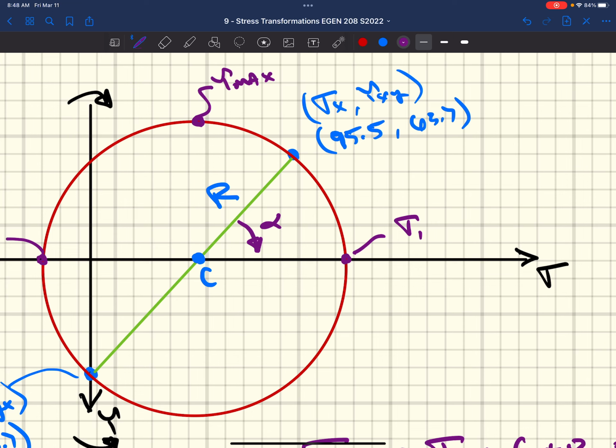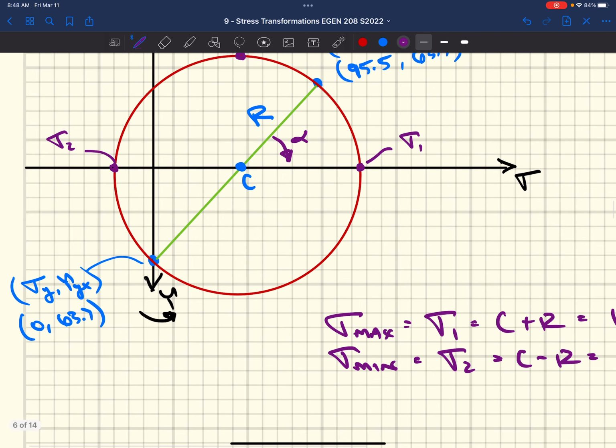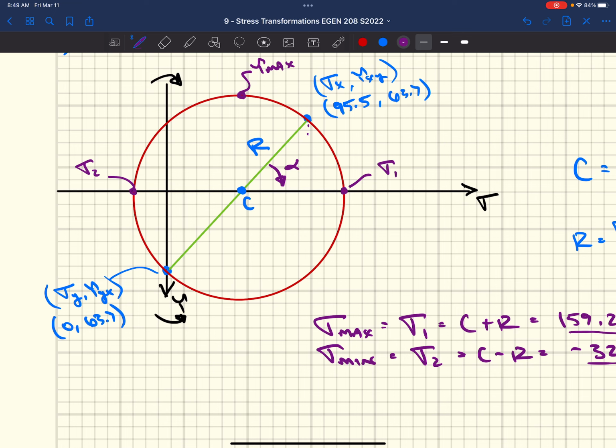And similarly, if we move that alpha, sigma x goes to sigma 1, and sigma y goes to sigma 2. How do we figure that out? Well, we figure out the opposite and the adjacent sides. That would give us that angle.